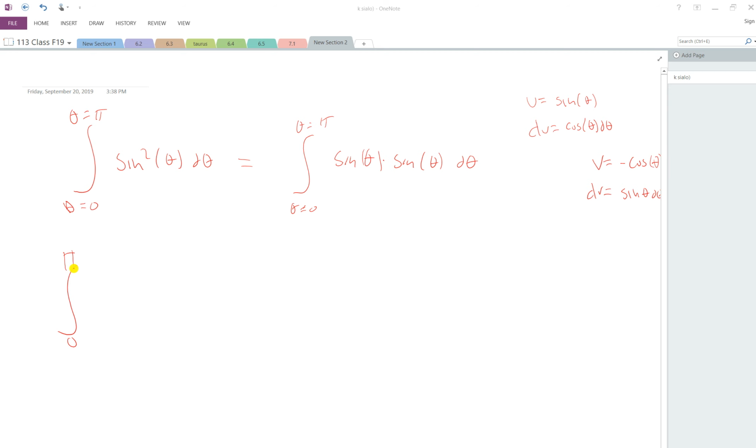from 0 to pi of sine squared theta d theta equals uv, so a negative sine of theta cosine of theta. The cosine over there is negative, I pulled that out front, minus the integral of v du.